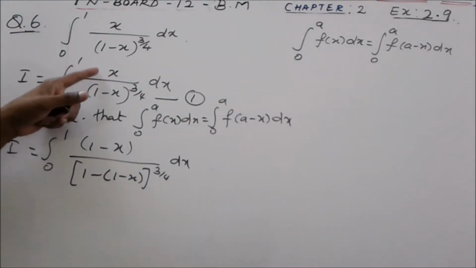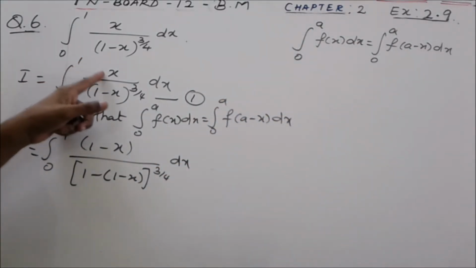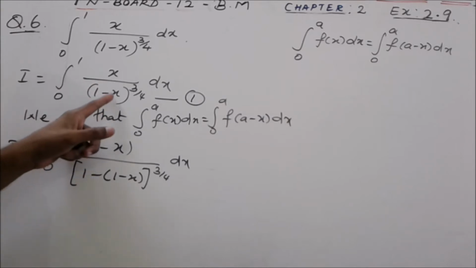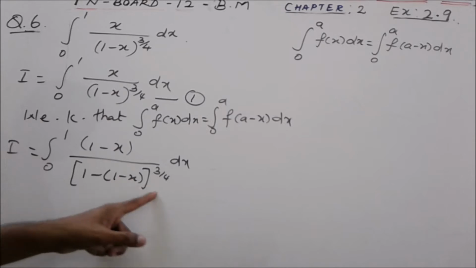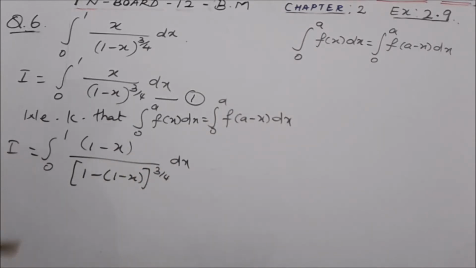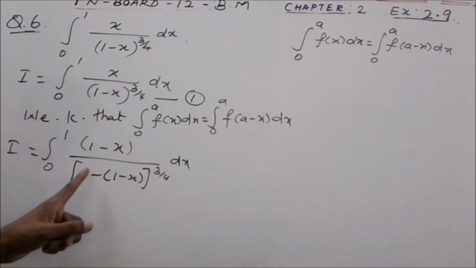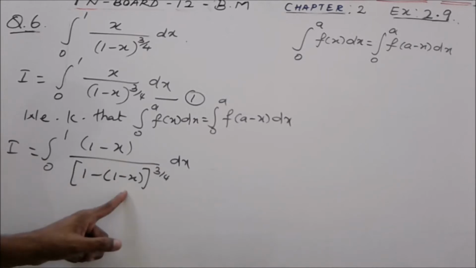So here we have x replaced by a minus x, that is 1 minus x, the numerator, and this x also replaced by 1 minus x, so 1 minus of 1 minus x whole power 3 by 4 into dx. Now simplify the denominator: 1 minus 1 plus x, so 1 minus 1 get cancelled, remaining is plus x.